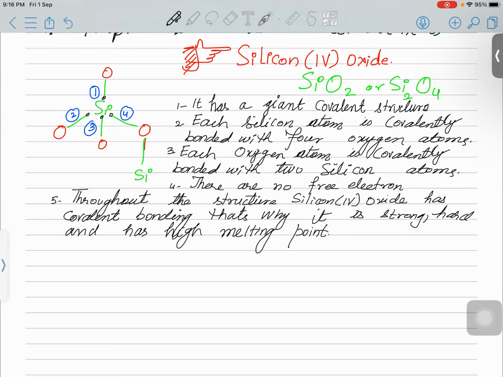It is not a good conductor. Why is it not a good conductor? Because there are no free electrons. Very good. As we have discussed, there is no free electron.